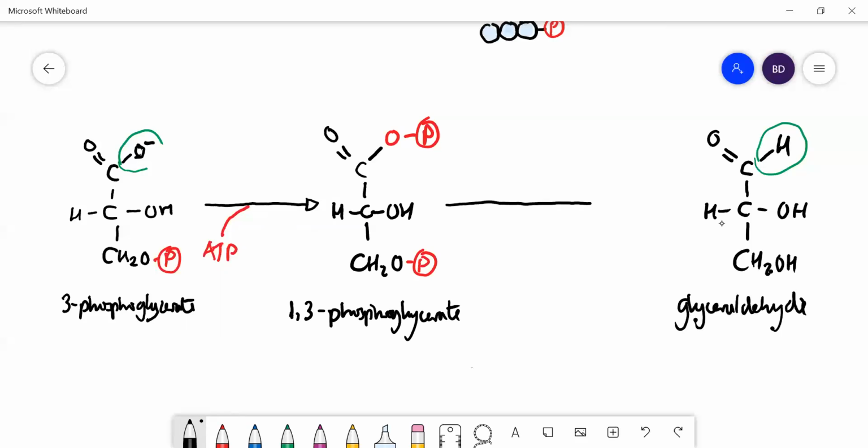In the next step we are going to reduce it. The reducing agent the plant uses is NADPH, and that gets oxidized itself, going back to NADP+. The phosphate remains stuck on carbon number 3, that stays there.